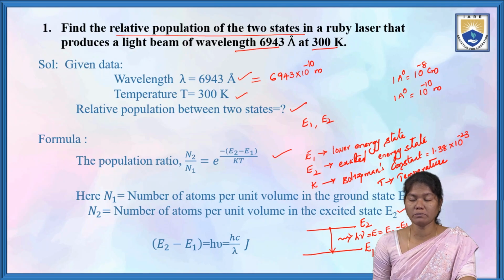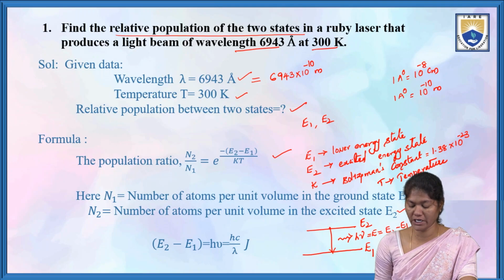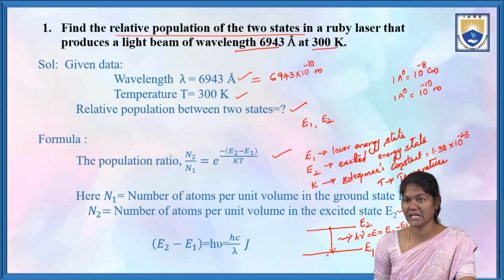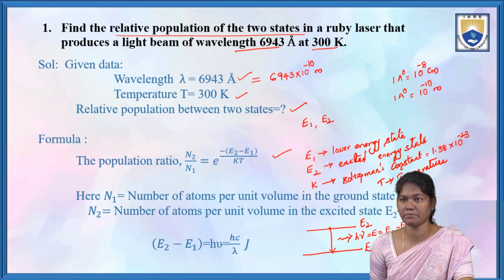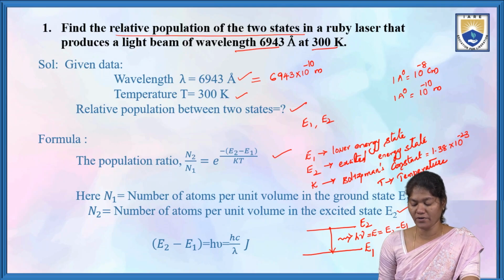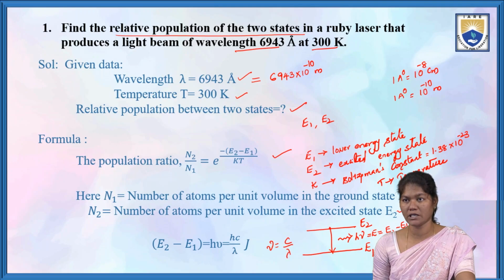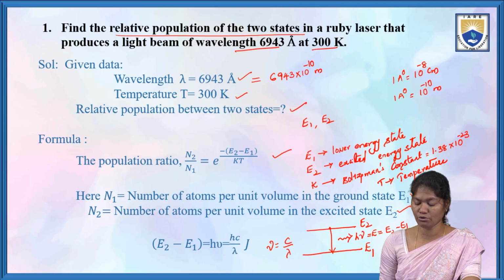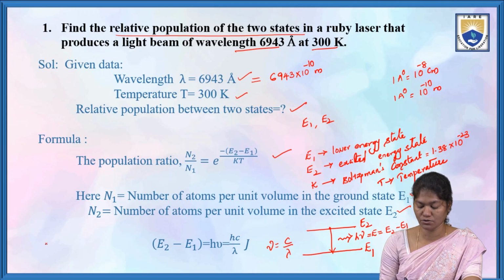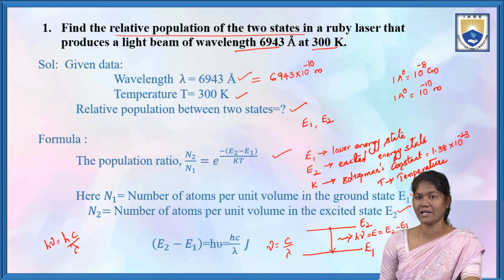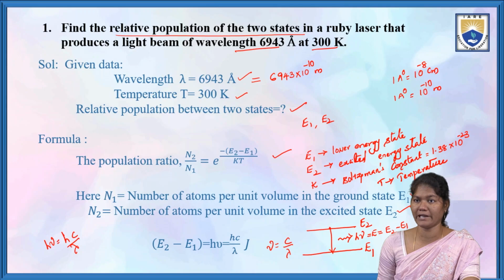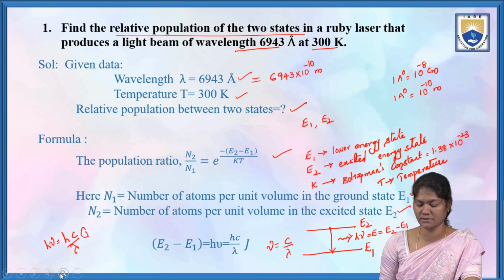So E2 minus E1 is equal to h nu, that is equal to hc by lambda joules, where nu is equal to c by lambda. Substituting nu equals c by lambda, the energy h nu is h into c by lambda, that is hc by lambda joules.